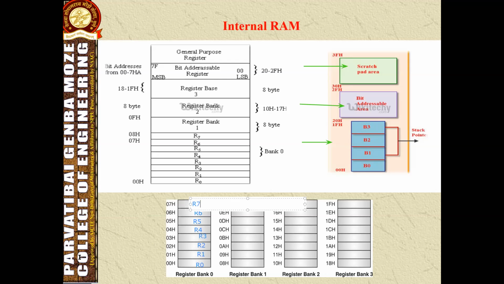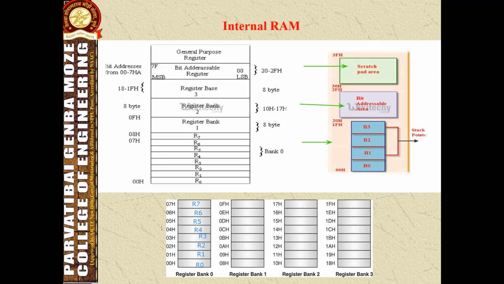Bank 0, which has addresses from 00H to 07H, has a total of 8 registers named R0, R1, R2 to R7.